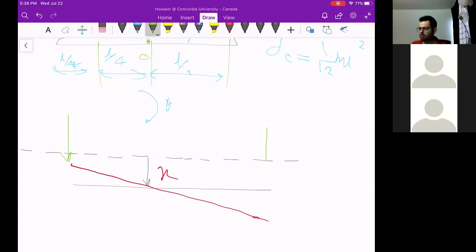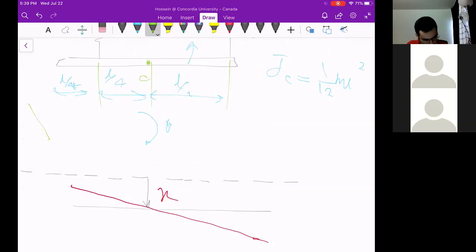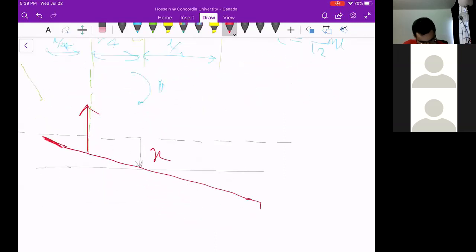The left spring is located here, and the right spring also opposes the motion.